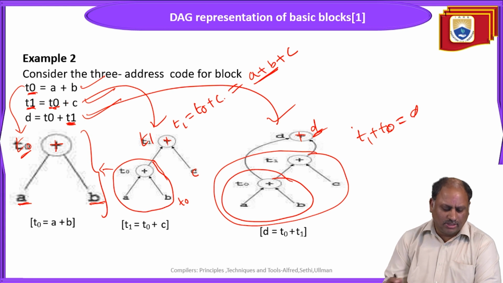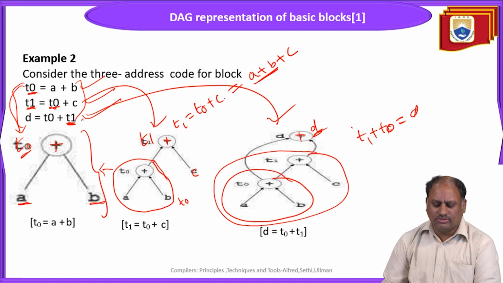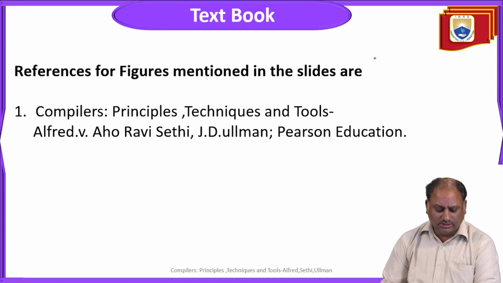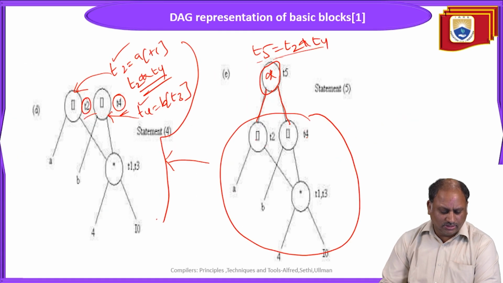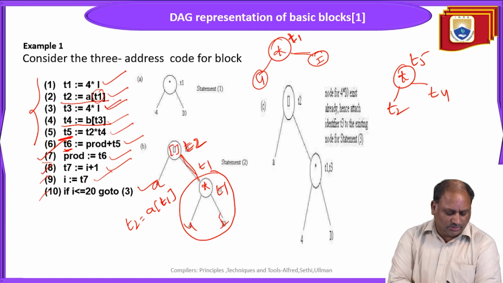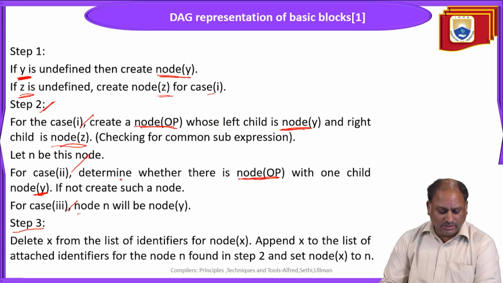In this block, three statements are there. In the previous example, the block contained some 10 three-address statements. Each and every time we represent different types of information. In this example, we have represented a three-address notation, and for each statement we represent it like that.